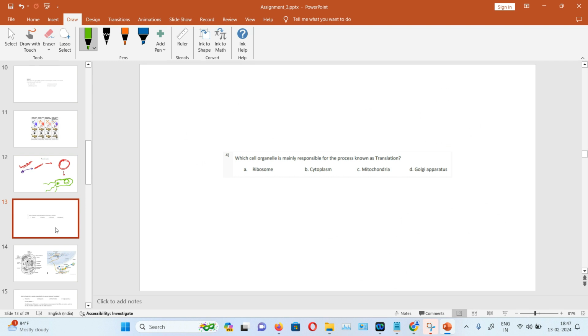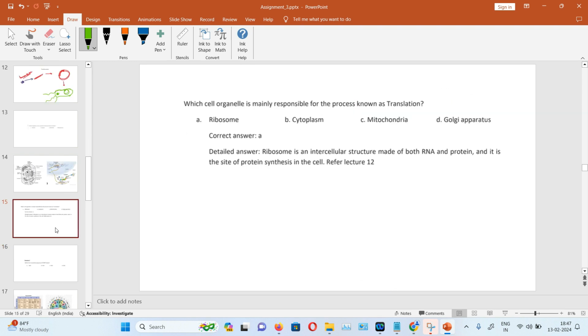There is no doubt that the organelle responsible for translation is the ribosome. The answer is ribosome. Ribosome is an intracellular structure made of both RNA and protein, and it is the site of protein synthesis in the cell.